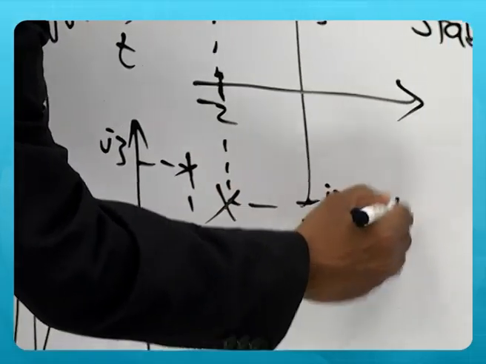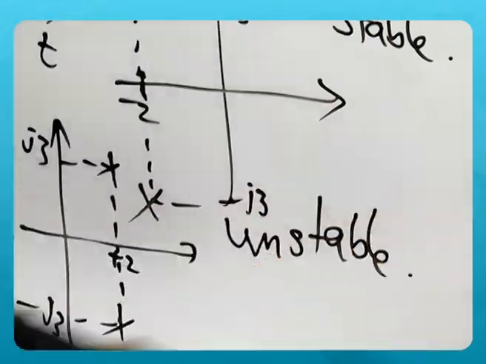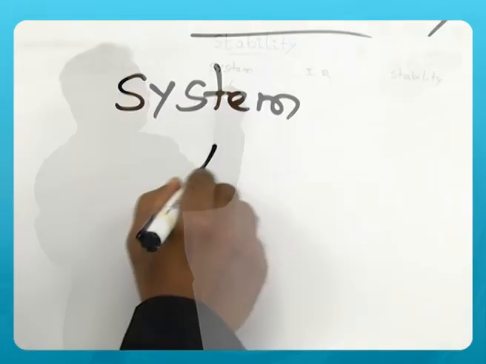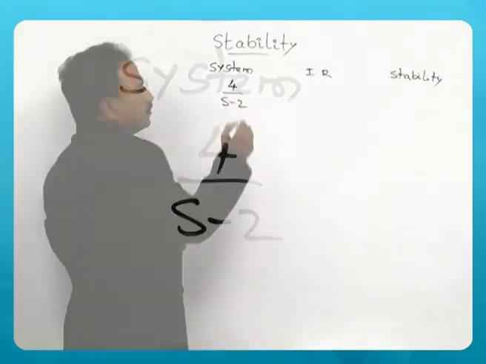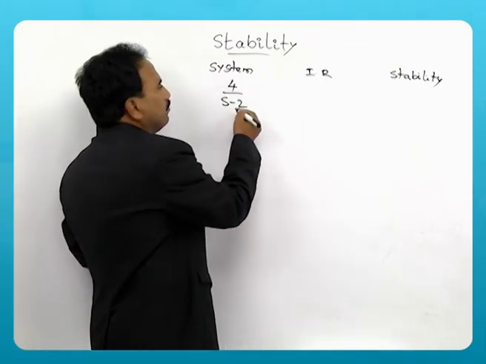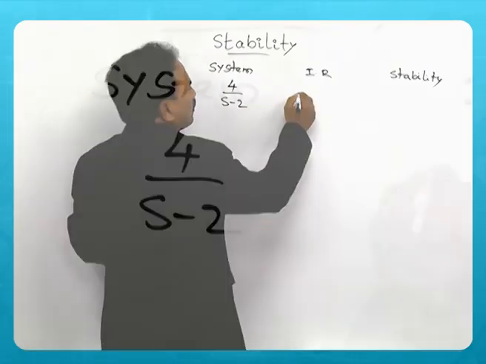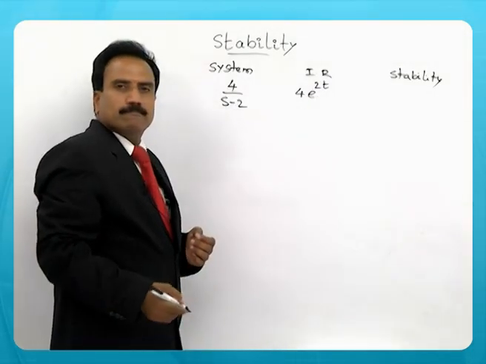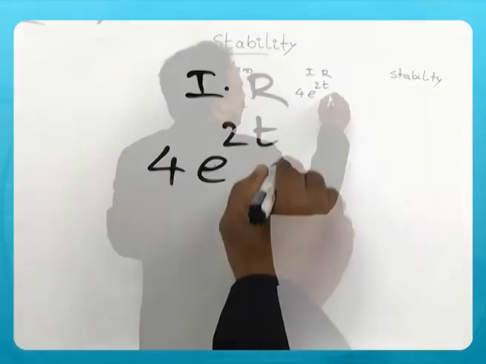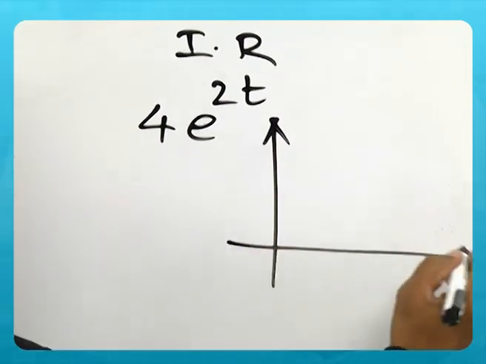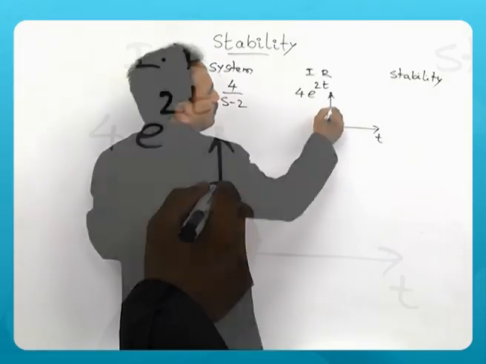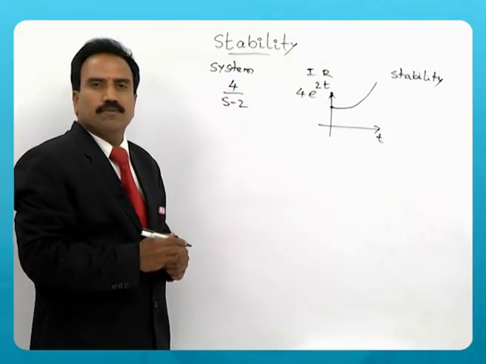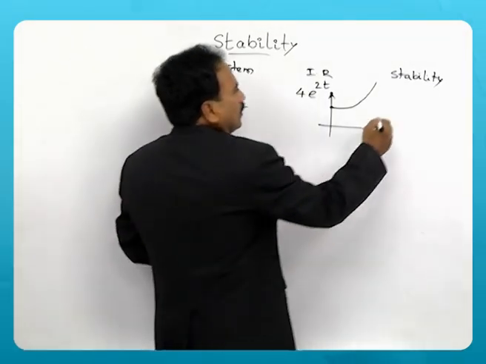This is an unstable system. Let us see one more function. The system is described by 4 by s minus 2. Then its impulse response is 4 e power 2t. So if you see the response as a function of time, it starts and exponentially increases.